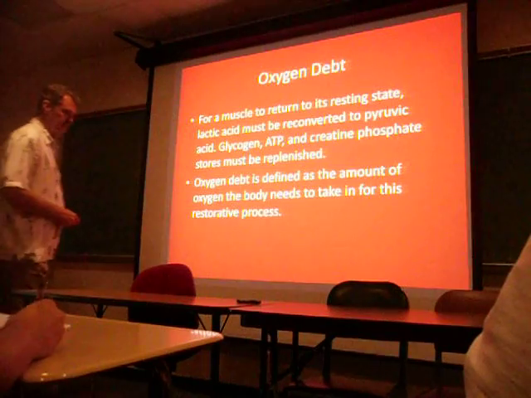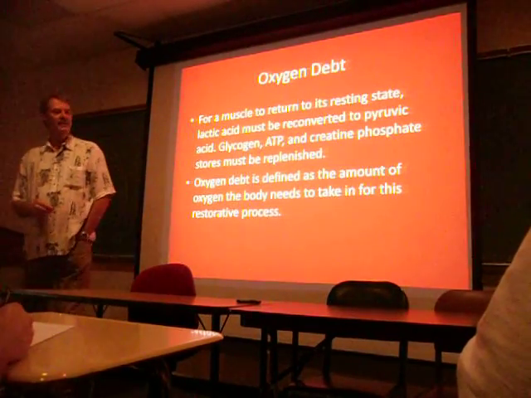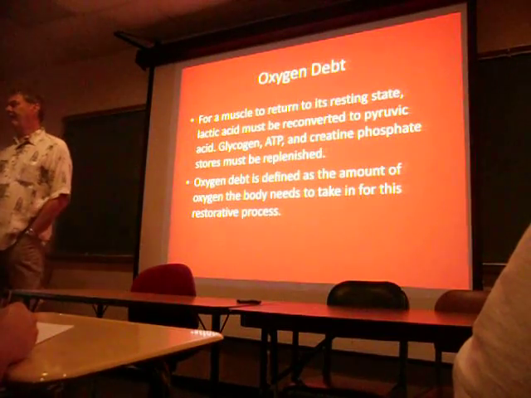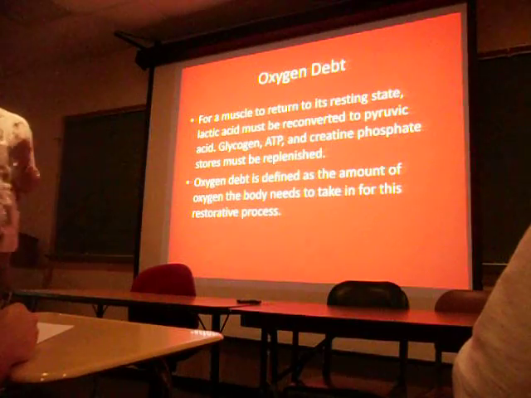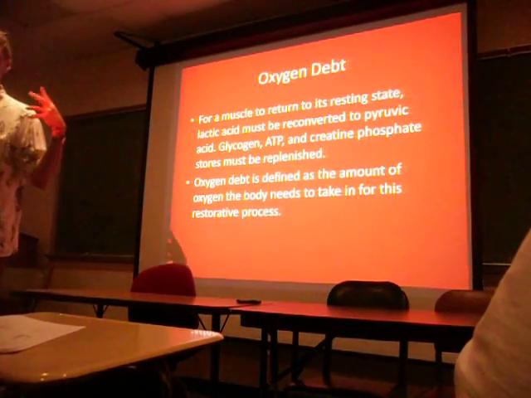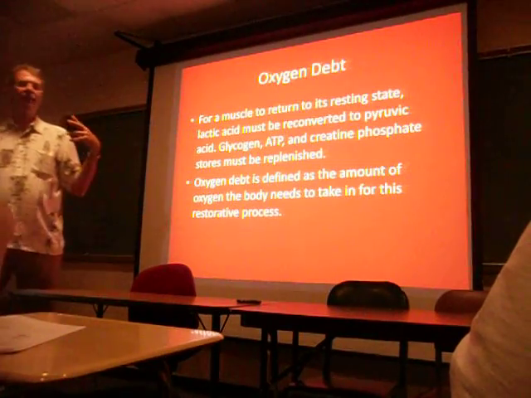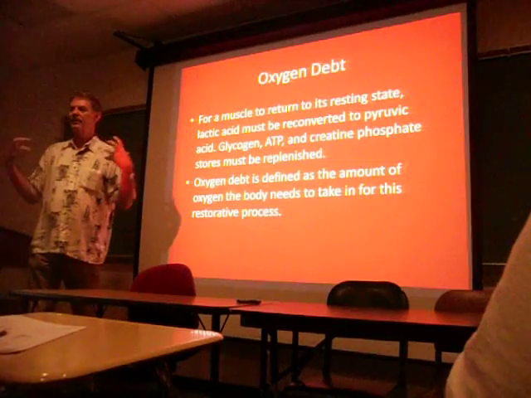Okay, another term that your book covers here is called oxygen debt. This is fairly simple, I think, to get your hand around. Anything you're doing with exercise, I'm burning up that creatine phosphate, right? I'm burning up my glycogen stores. I'm burning up everything I have available to get this energy.